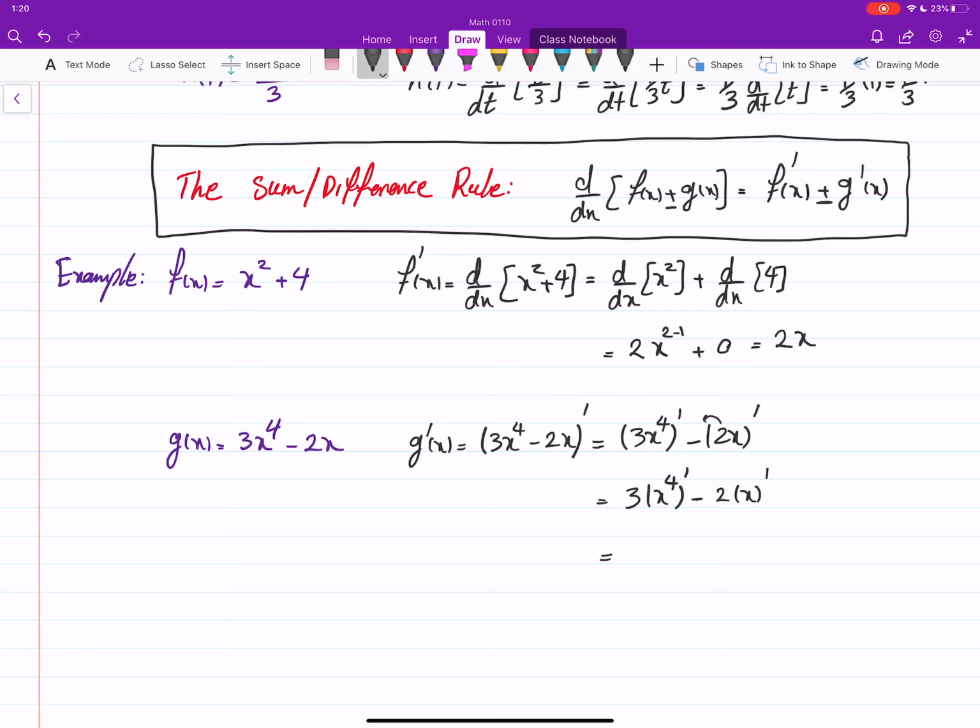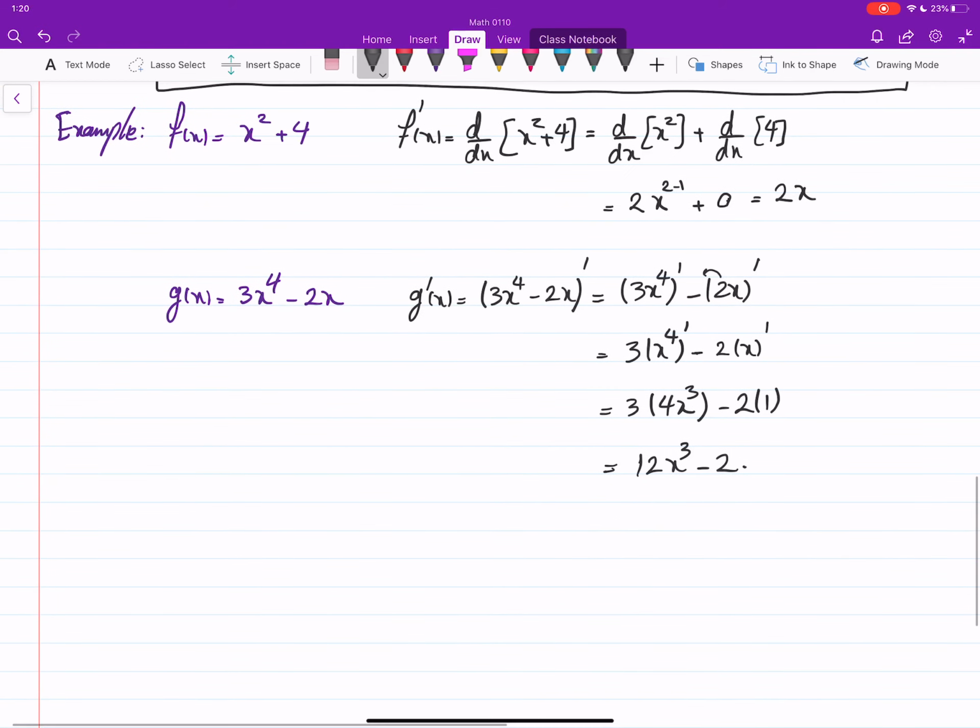The derivative of x to the power 4 is 4x to the power 4 minus 1, which is 3, minus 2. Derivative of x is just 1. So this is 12x cubed minus 2. That is the derivative of that function.